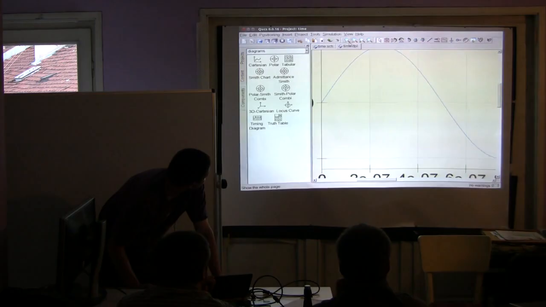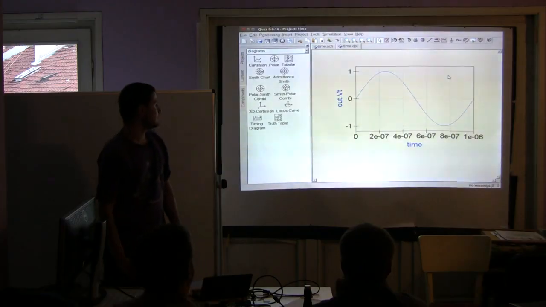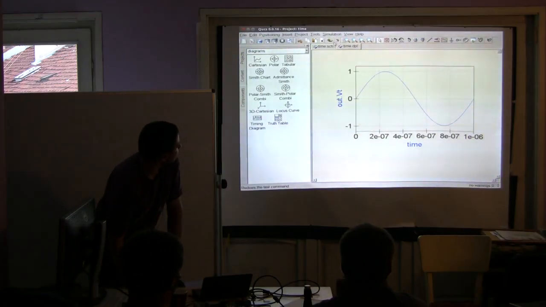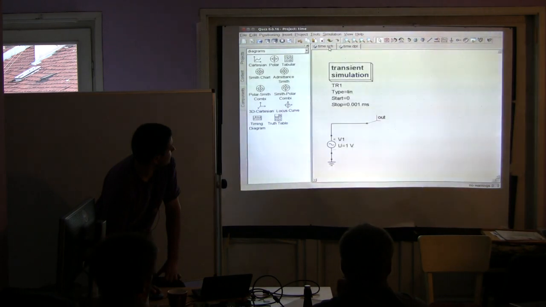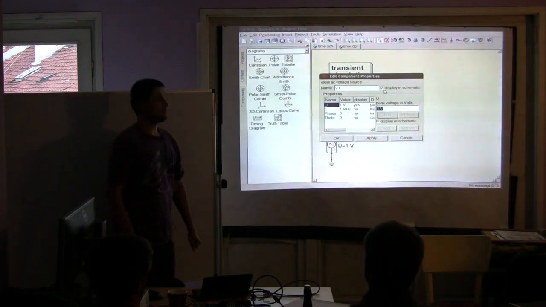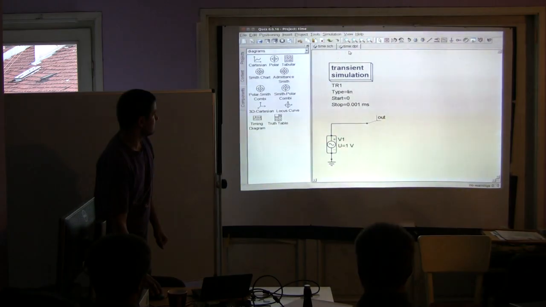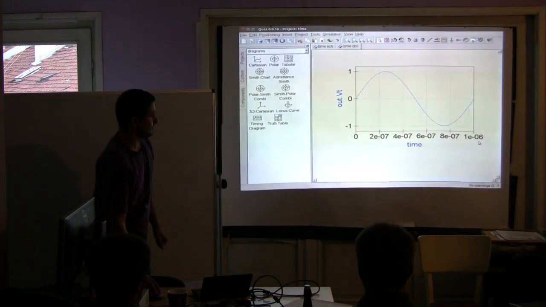Okay, now it looks much better. So this is the period, and the frequency will be 1 over this period. So it's 1 megahertz. We have defined it over here because it's 10 to the minus 6, isn't it like this?